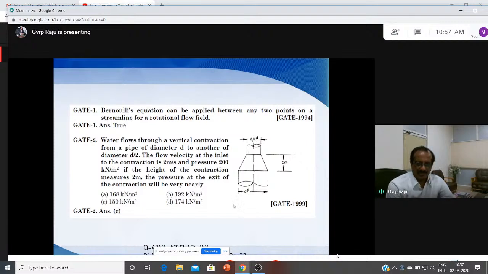Then V square by 2G: the inlet velocity is 2 meters per second, so 2 square by 2 into 9.81, and Z1 is 0. This is equal to P2 by W, where P2 is not known, plus V2 square by 2G, which is 8 square by 2 into 9.81, plus Z2 which is 2 meters. All values are known except P2, and P2 is equal to 150 kilonewton per meter square. So the answer is C. Just by applying the continuity equation and Bernoulli's equation, you get the pressure at the unknown section.